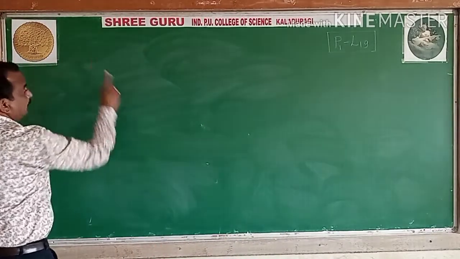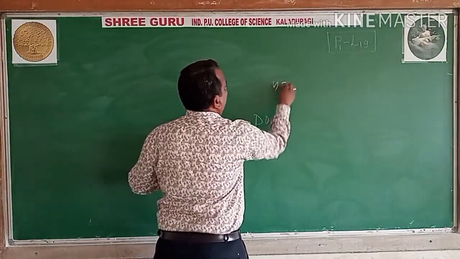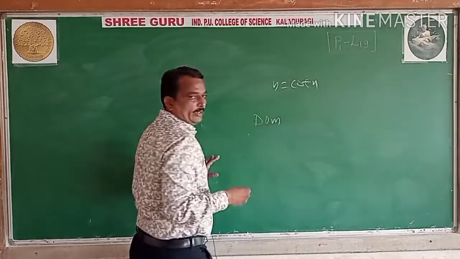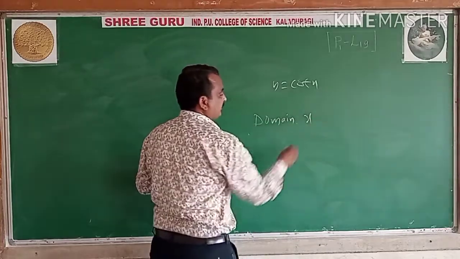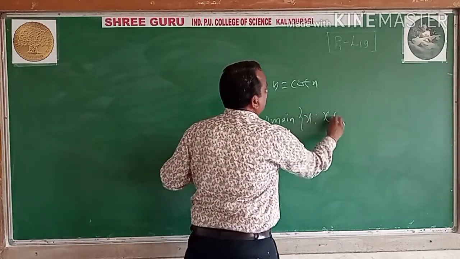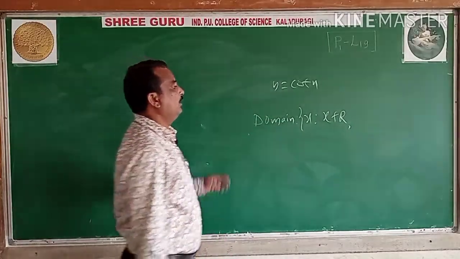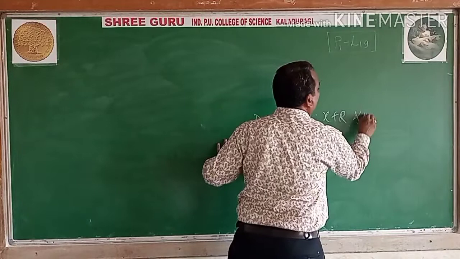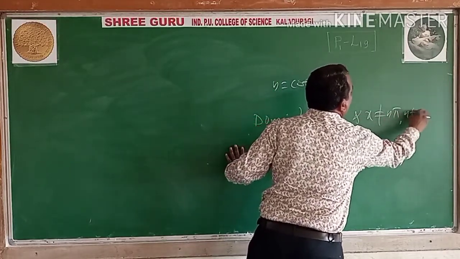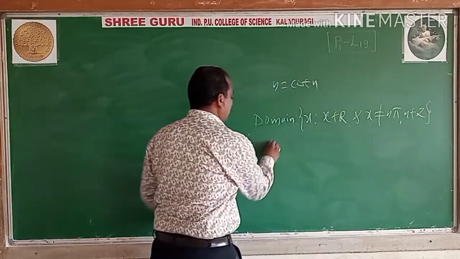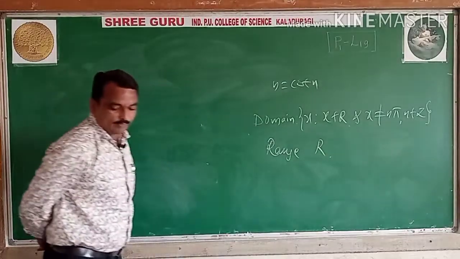Draw the graph. The domain and range are important, students. Once again I remind you, for cot x the domain is the set of x such that x belongs to the real numbers R, and x is not equal to n pi, where n belongs to the set of integers.